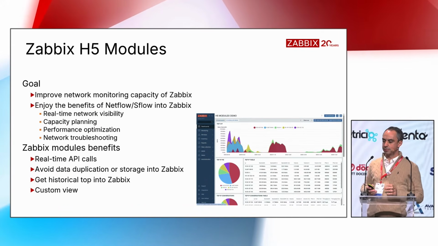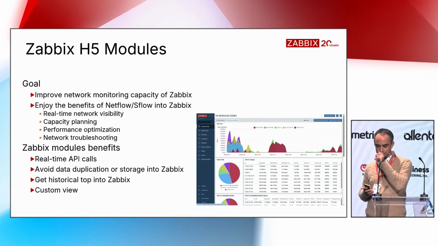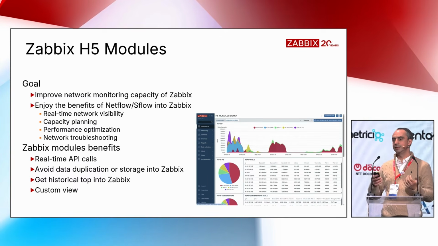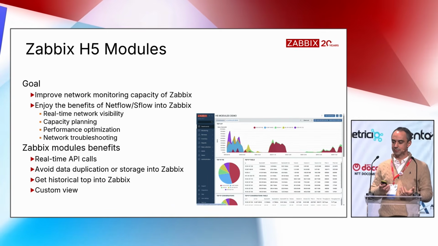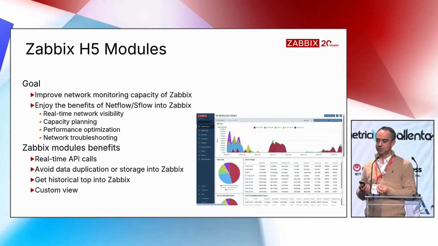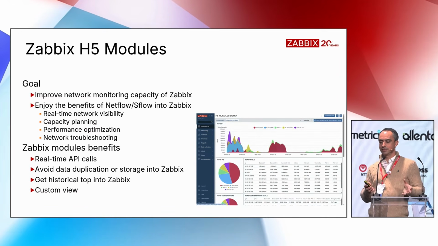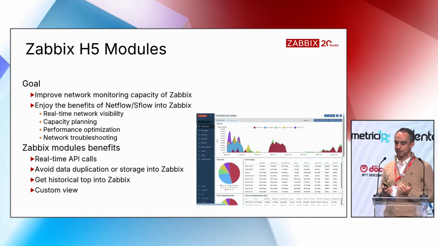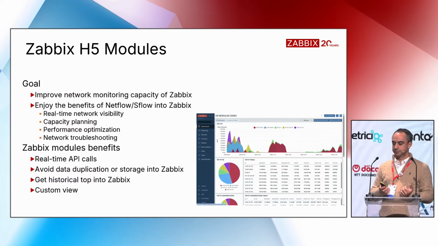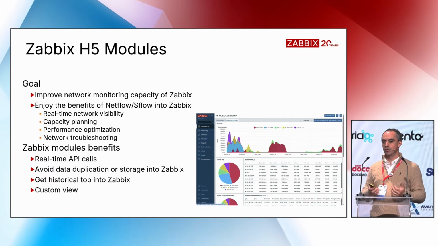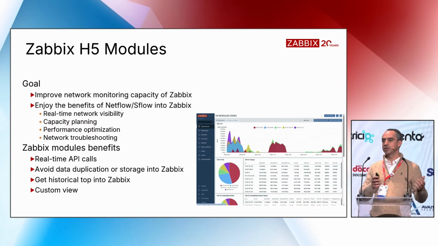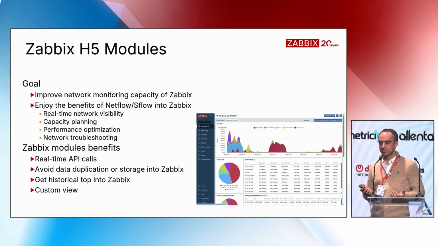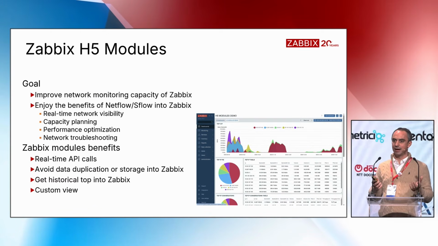Now we can speak about the Zabbix H5 modules. The goal is to improve the network monitoring in Zabbix, because Zabbix is using SNMP or this kind of thing, and the goal is to have the benefits of NetFlow in Zabbix. But in NetFlow, we have a lot of data for each network interface, maybe several thousand items.